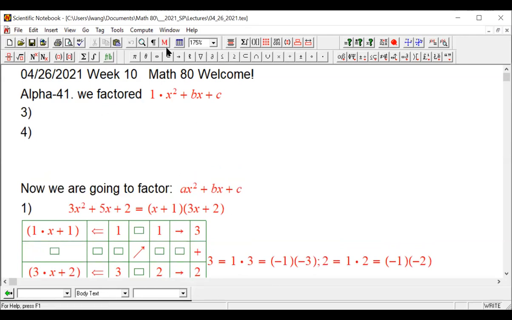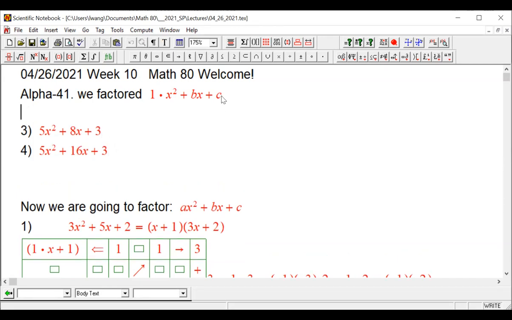Question number 3 is 5x squared plus 8x plus 3. Number 4 is 5x squared plus 16x plus 3. So now please try these.